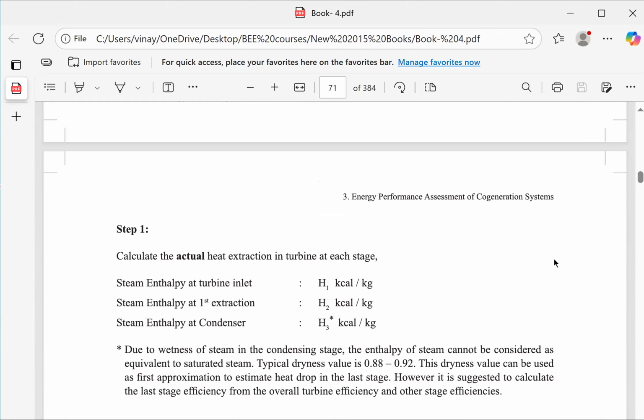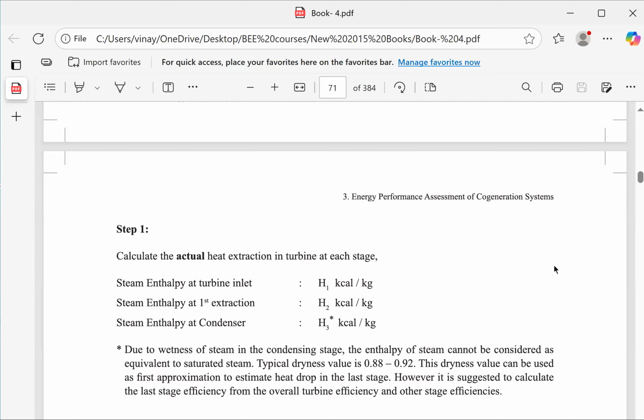Right. Now, calculate the heat extraction in turbine at each stage. How many stages are there? H1, H2, H3. Steam enthalpy at turbine inlet, H1. This H1 is the total heat contained in the steam per kg of live steam that is coming into the turbine after coming out of boiler.